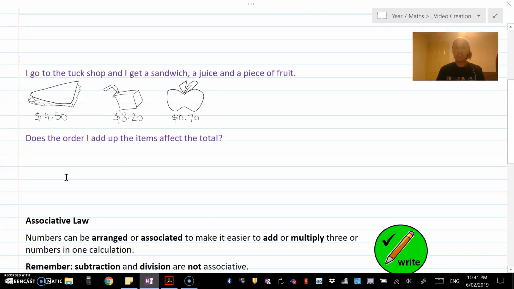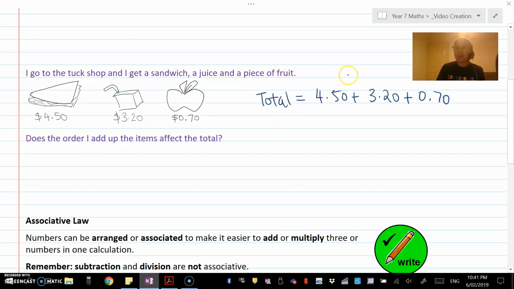So let's have a look at this example. Here you've got a sandwich, $4.50, $3.20 for a box of juice, and 70 cents for a piece of fruit. Now that can be written as a math expression of like total equals $4.50 plus $3.20 plus 0.7.